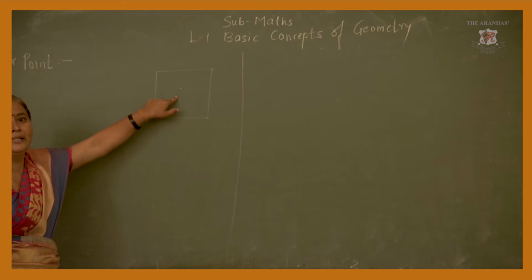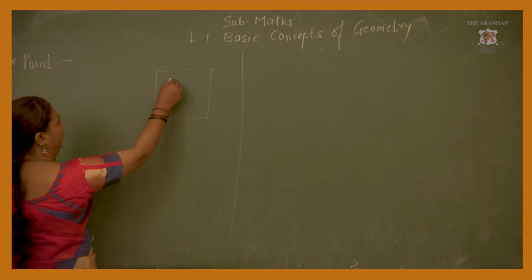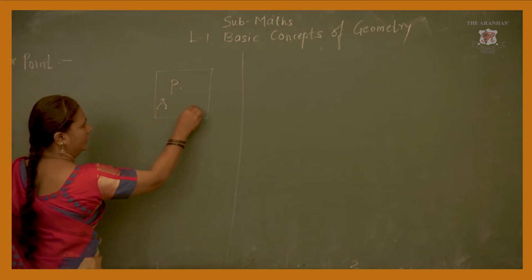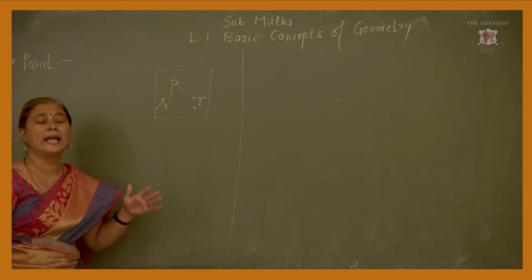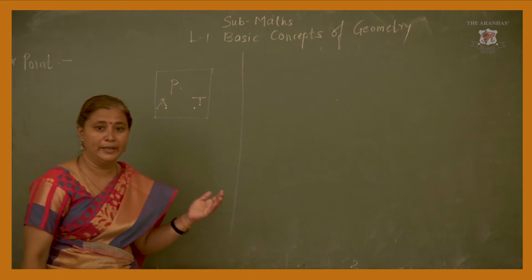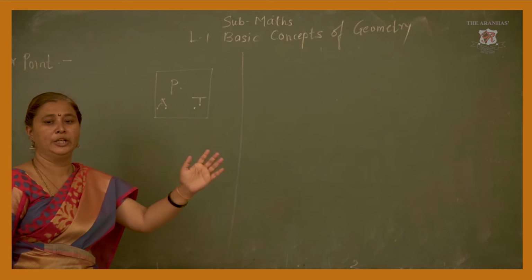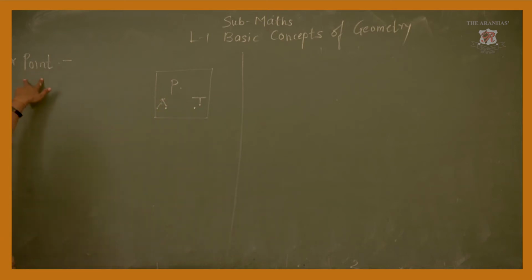The point is denoted by a capital alphabet like P or A, T, like that. We can use any capital letter of the alphabet from A to Z. Okay. Now here see, point means what?